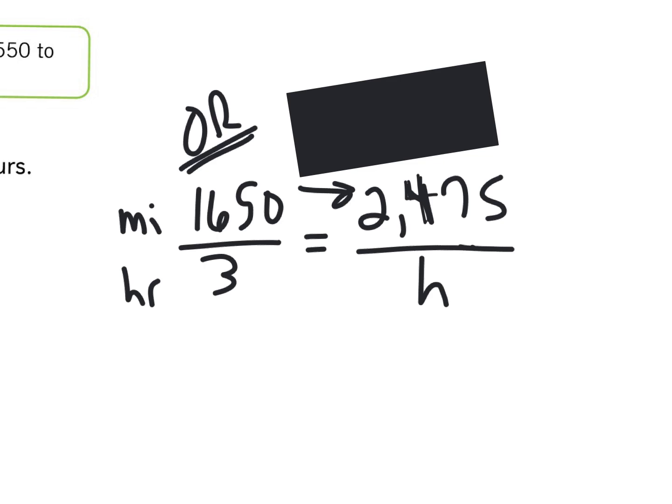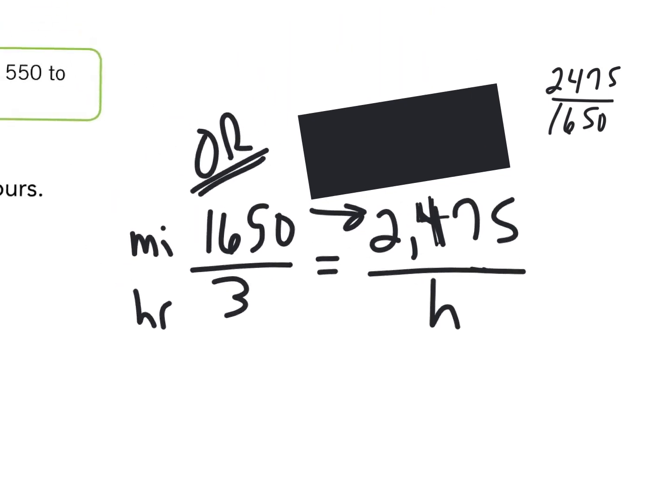And then we can find a pattern. So if you do 2,475 divided by 1,650, then you should get 1.5.